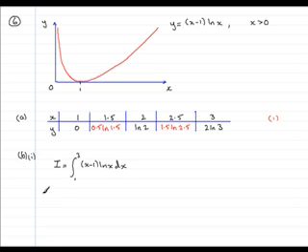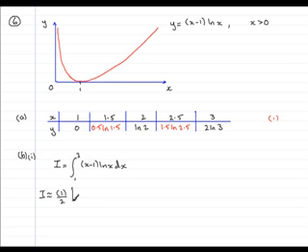Assuming you know that, I is approximately equal to half the width of each interval. Because we're using x as 1, 2 and 3, the gap is 1, so the width of each strip is 1, divided by 2. It's always half the width of an interval.